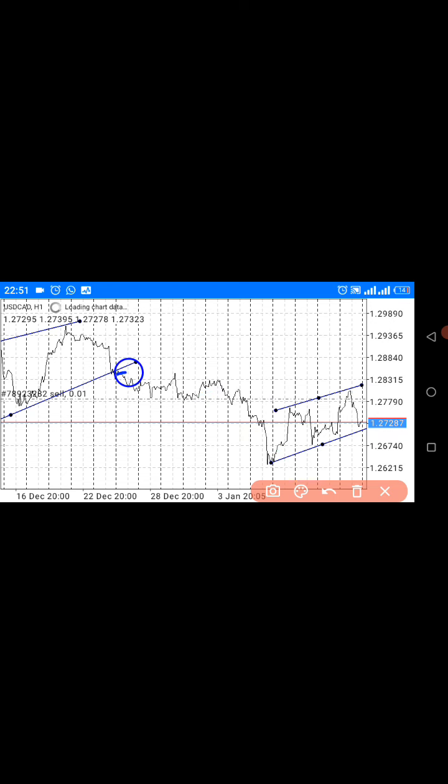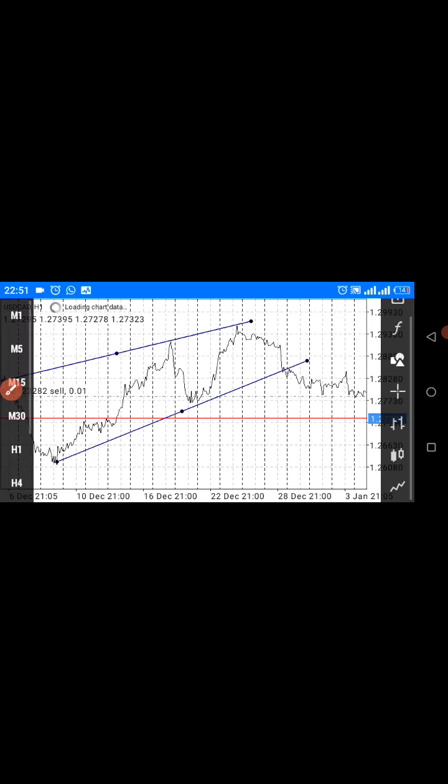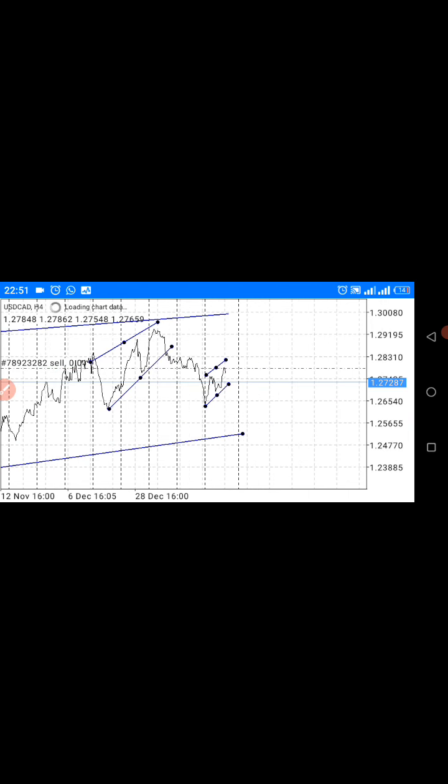After it breaks out, you have a larger flag here which we can capitalize on, and after the larger flag, you see how the market breaks out, you see how the market moves to confirm the 80% rule of this movement here.